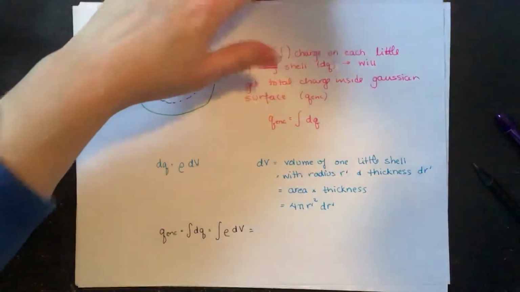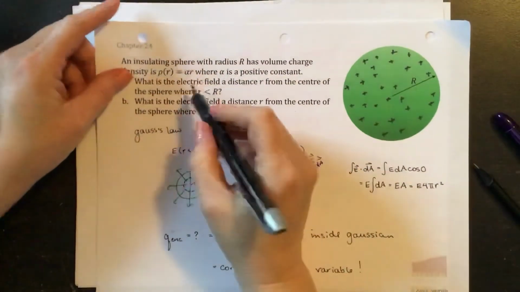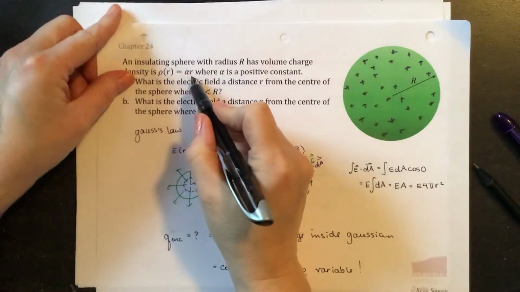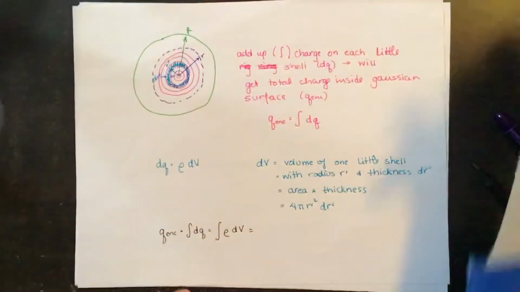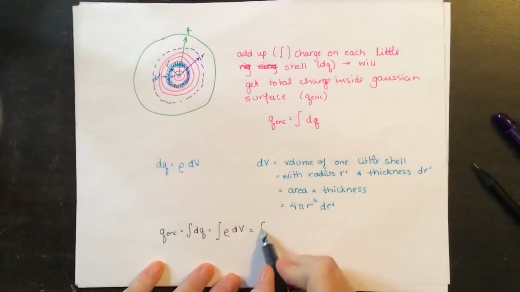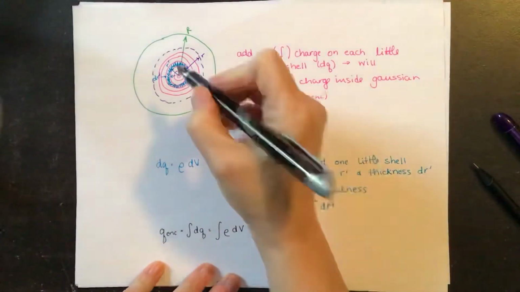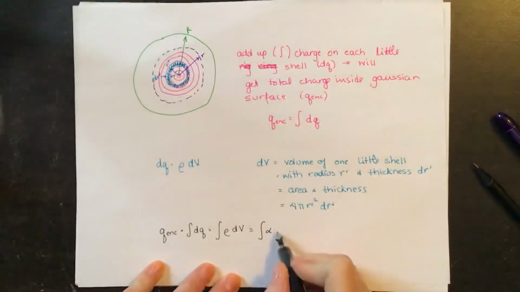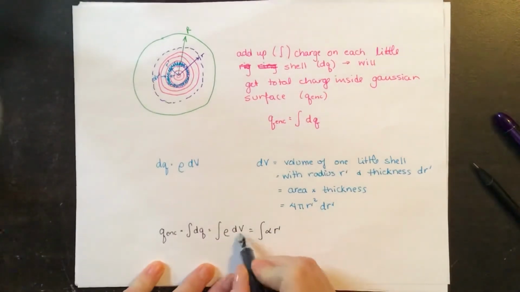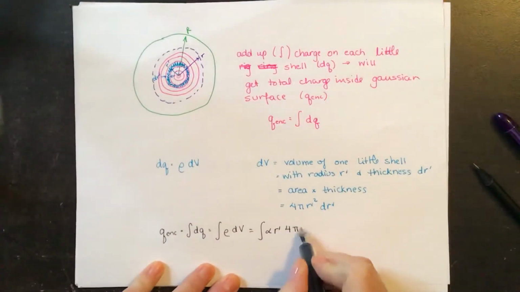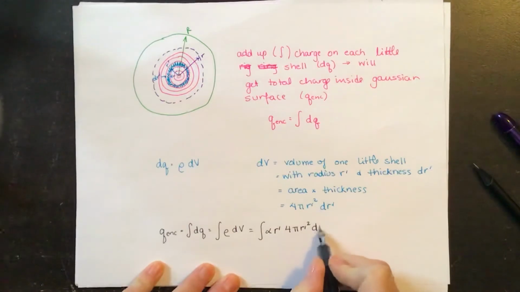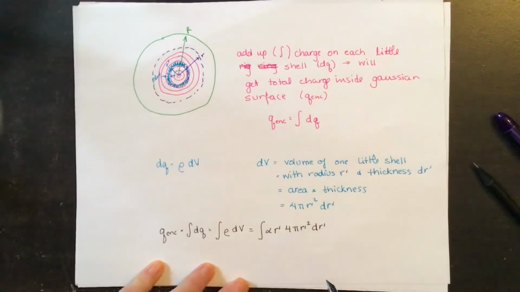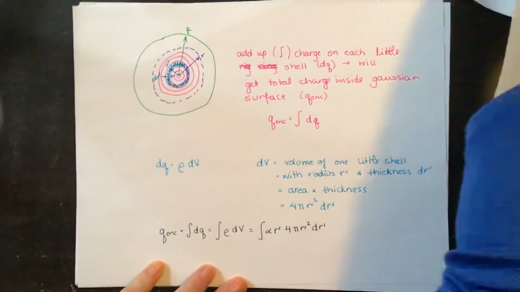Remember, rho is our charge density. It's a variable, and it's a constant alpha times our distance from the center. So it's the integral of alpha times our distance from the center, which in our r primed notation is r primed. dv is 4 pi r primed squared dr primed. This is definitely something we know how to take care of.